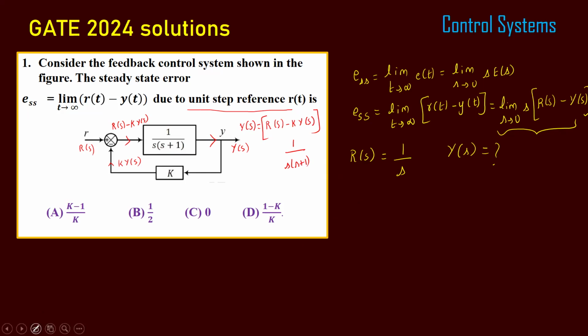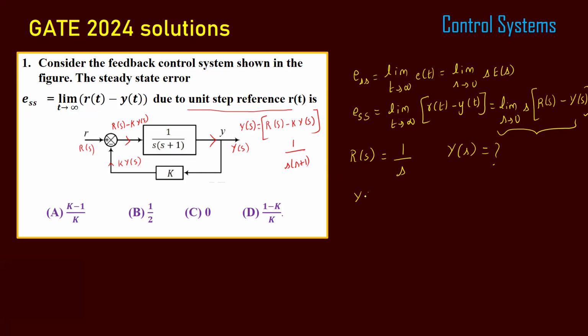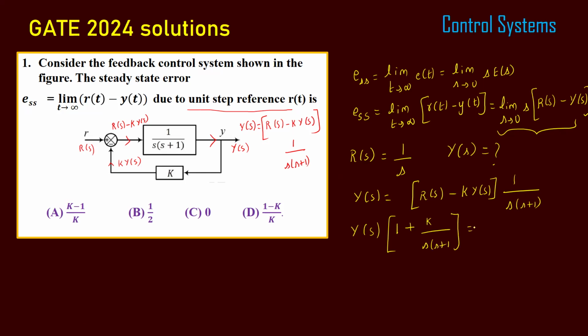Let me simplify for Y of S. Y of S equals R of S minus K Y of S, into 1 by S into S plus 1. When Y of S is taken as common, 1 plus K by S into S plus 1 equals R of S by S into S plus 1.